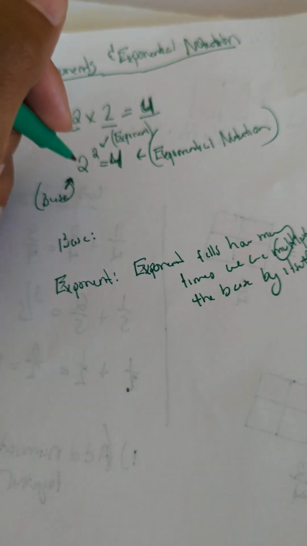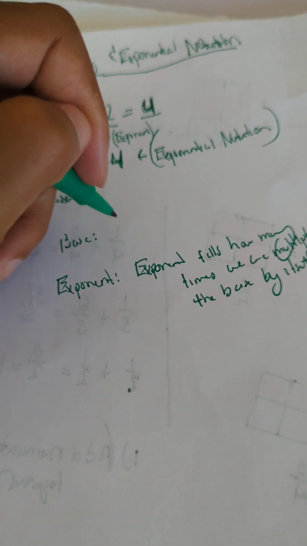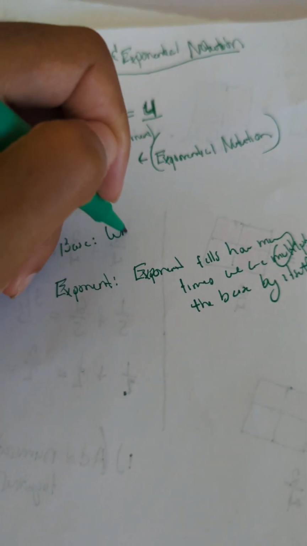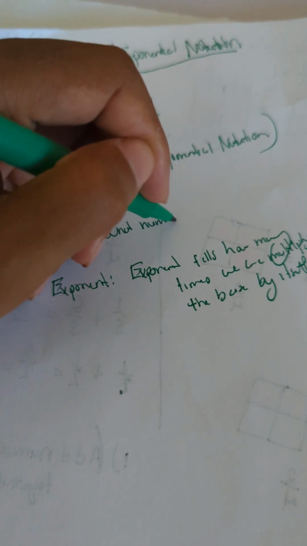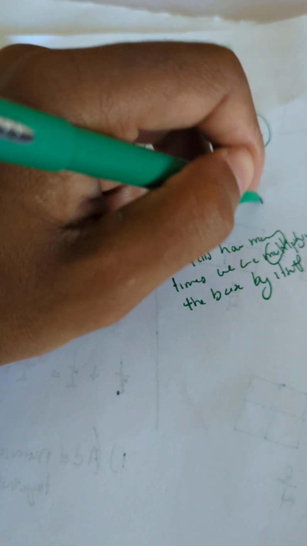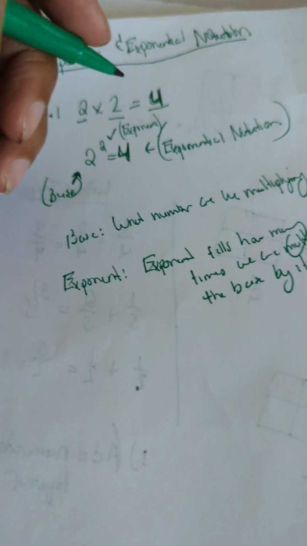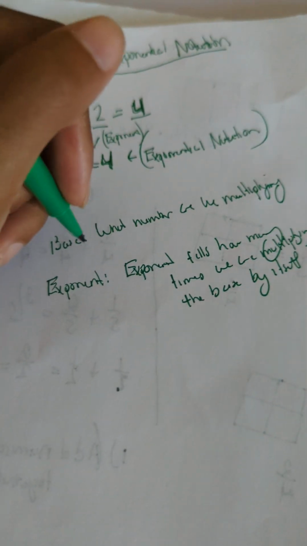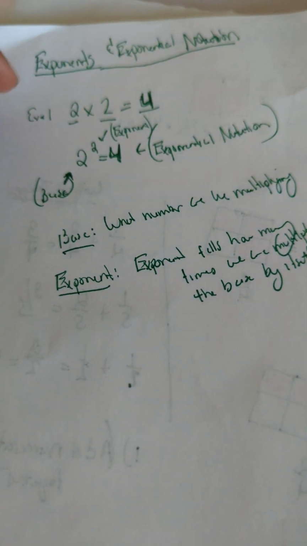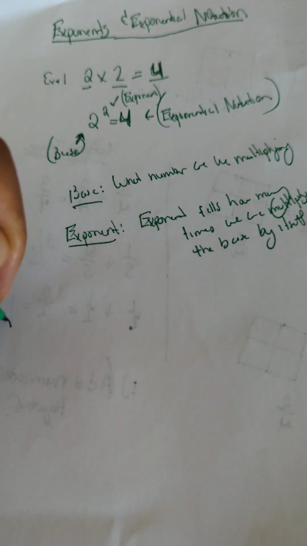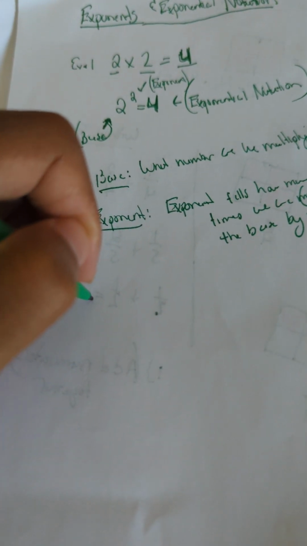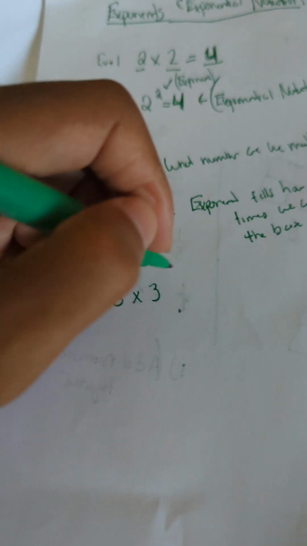The base tells us what number we are multiplying, and the exponent tells us how many times we are multiplying the base by itself. Let's use another example, 3 times 3. We know that 3 times 3 is 9.